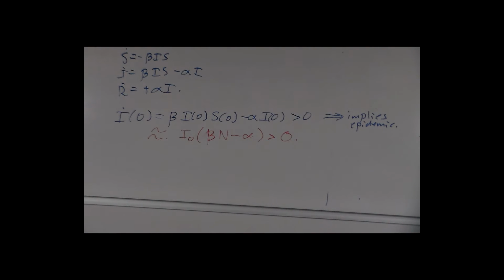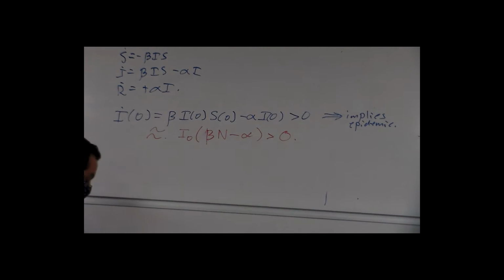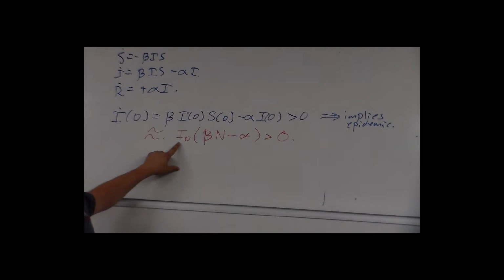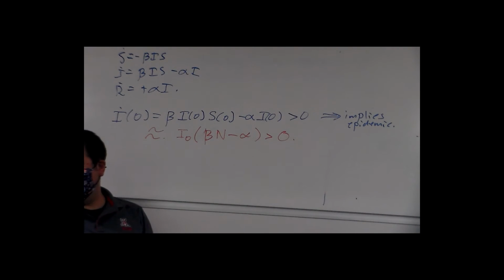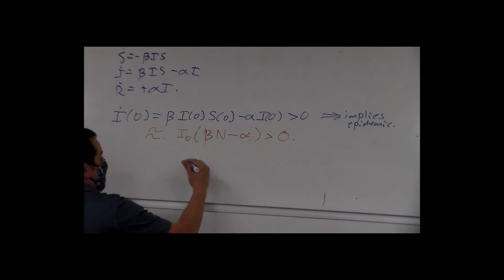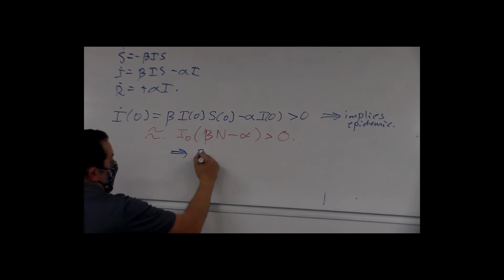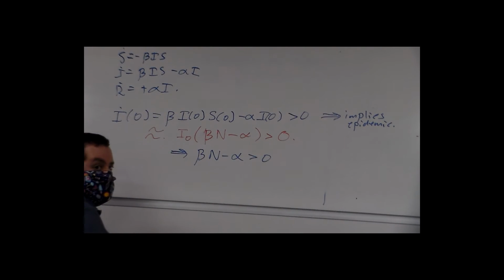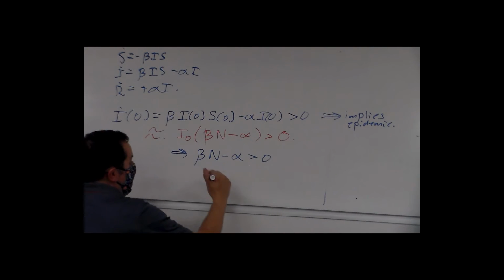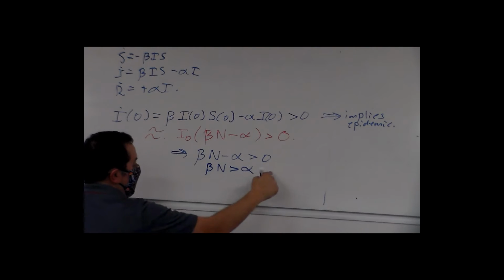Yeah, but it's just an algebra problem where you say, look, this thing I know is positive. I want this whole thing to be positive, right? So this implies beta N minus alpha has to be greater than 0, right? So I'm going to rearrange this as beta times N has to be greater than alpha.